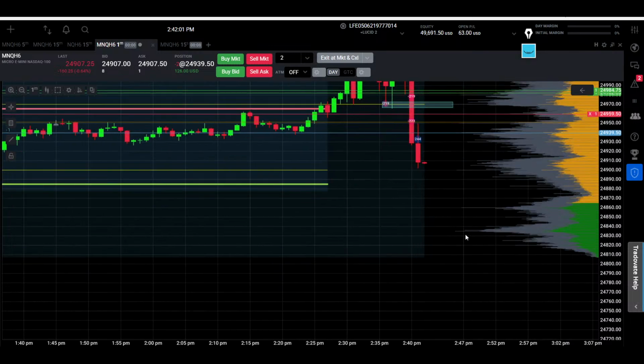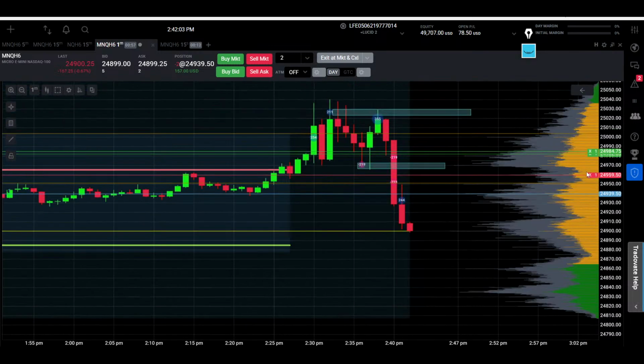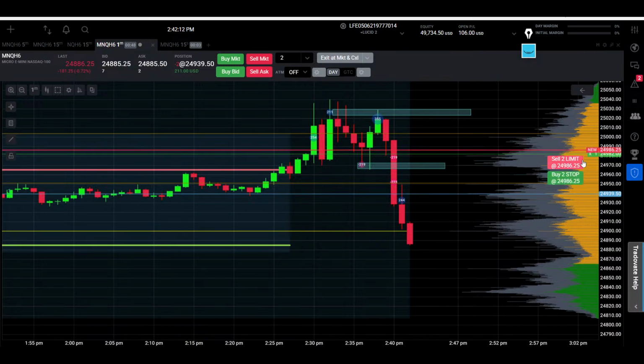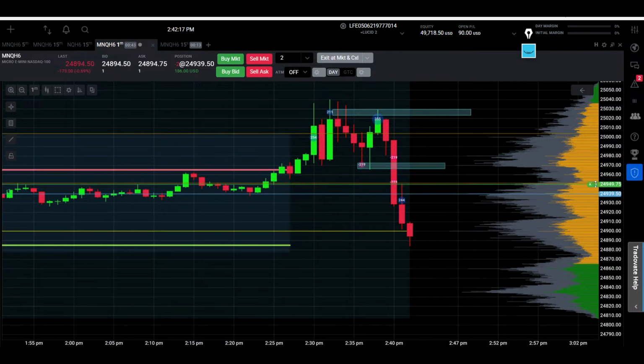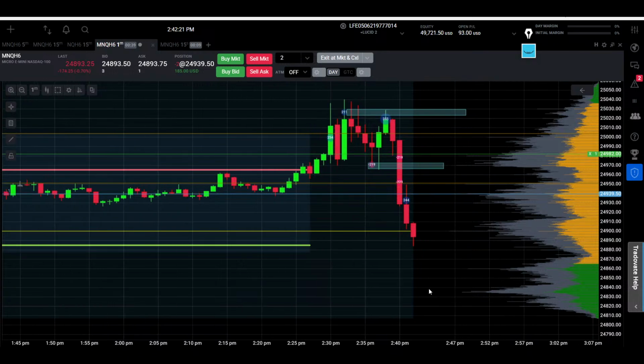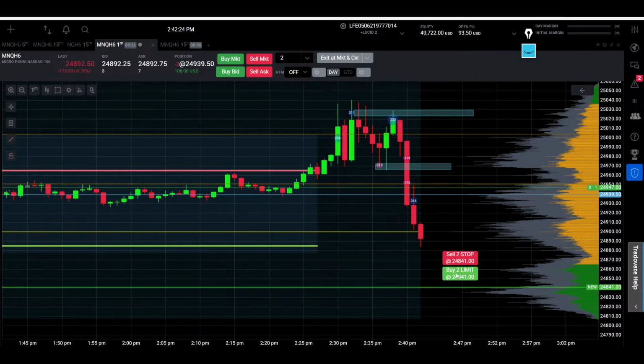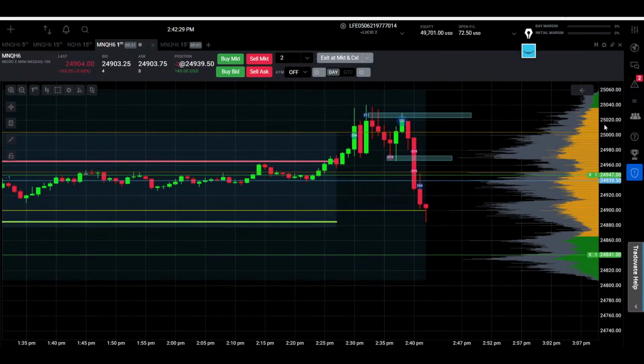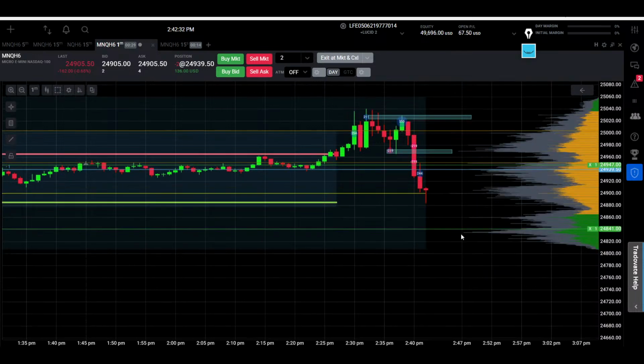So now, as it has moved, I remove this limit order, I remove my one stop, and move my stop to break even. And it's going to be 3 to 1 risk reward by limit. That's where it is, here, yeah, 3 to 1.